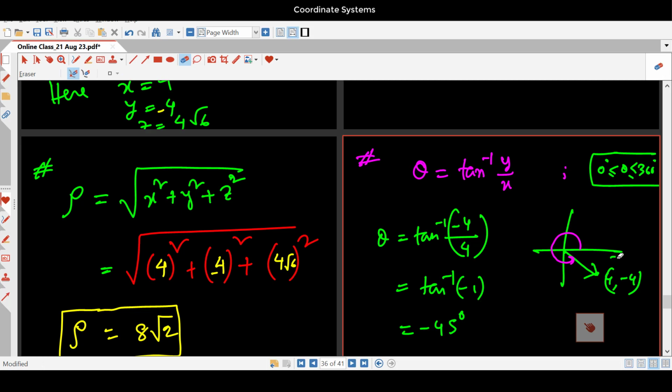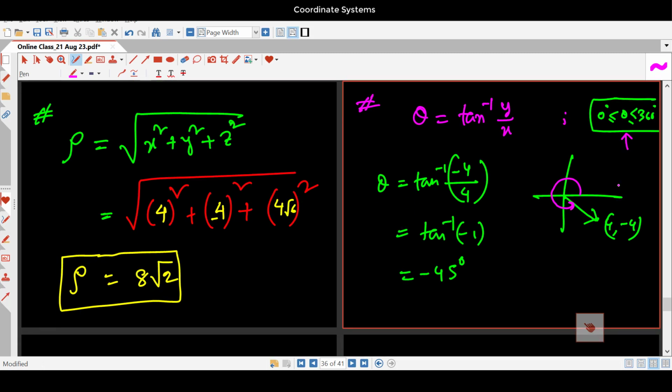So the restriction of theta says that theta should be in between 0 and 360 degree. So that's why we have to adjust. So we have to adjust this way. We are getting this. So total 360 degree minus 45 degree equals 315 degree.